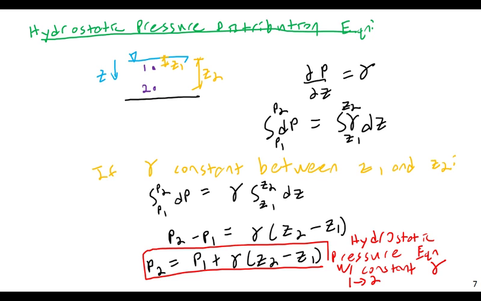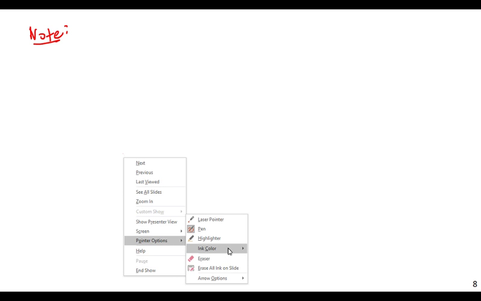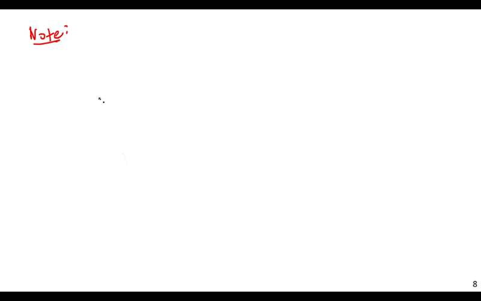All right, let's look at some notes on this. Let's look at a few provisos or subtleties or interesting characteristics of this.